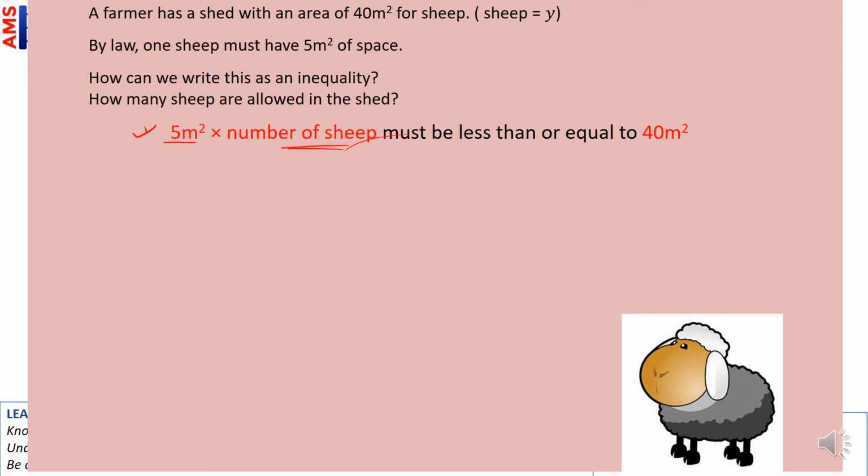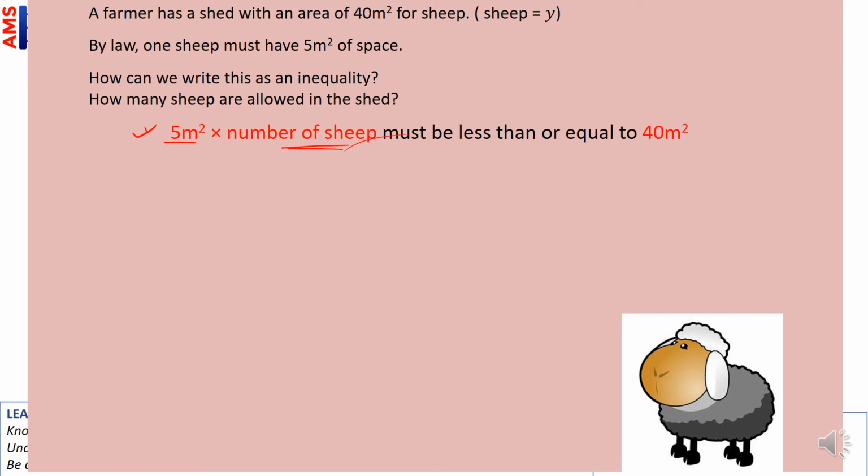Now whenever we multiply 5 meters squared by the number of sheep, that's going to tell you how much space the sheep would need, and he only has 40 meters squared. So whatever space is needed by the sheep, it must either be equal to 40 meters squared or less than 40 meters squared.